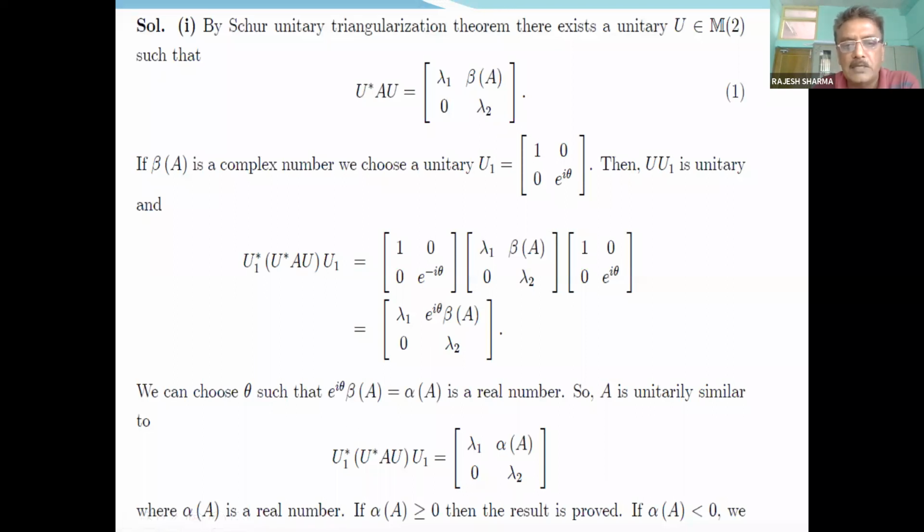Now if a complex number is given, then we can multiply it with another complex number such that the product is real. So we choose theta such that this is real. So this matrix A is unitarily similar to this matrix, where alpha A is real. If it is non-negative, the first part of the lemma is proved.